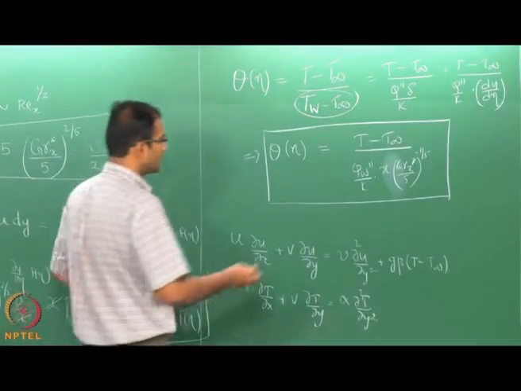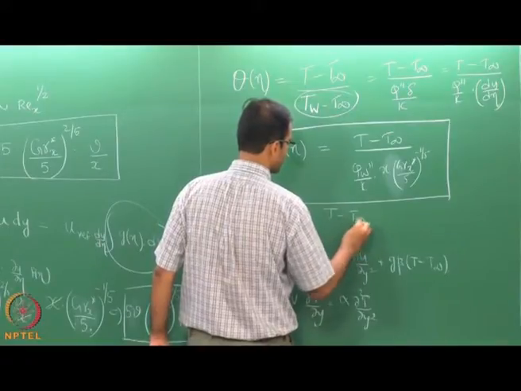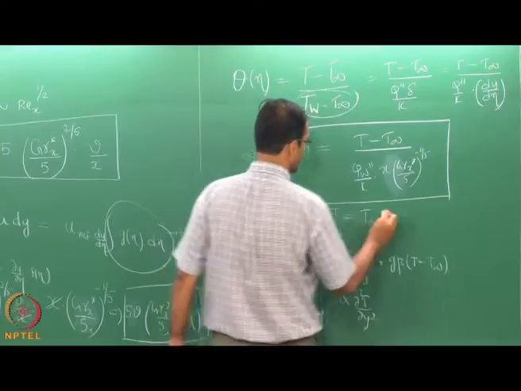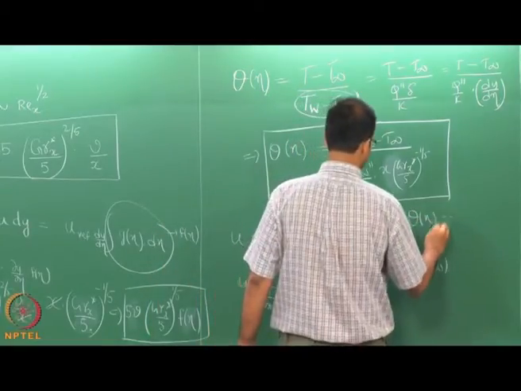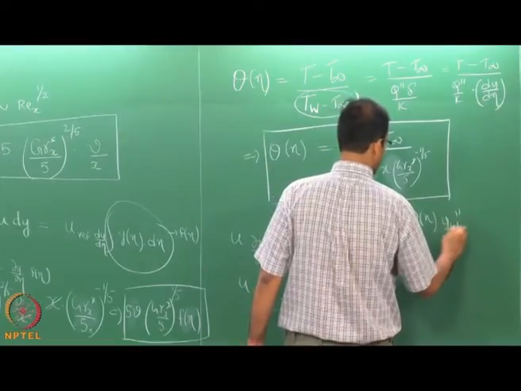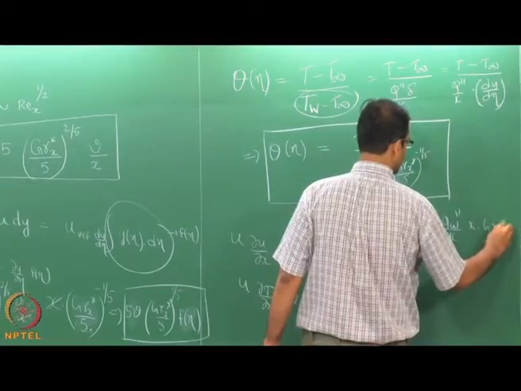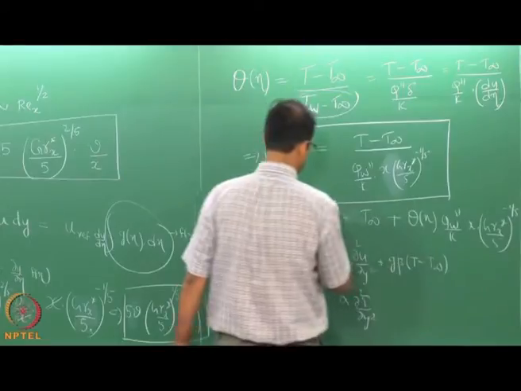Okay. So, where now T minus T infinity, therefore T is equal to T infinity plus theta of eta into q wall by k into x into modified Grashof number by 5, the whole power minus 1 by 5.